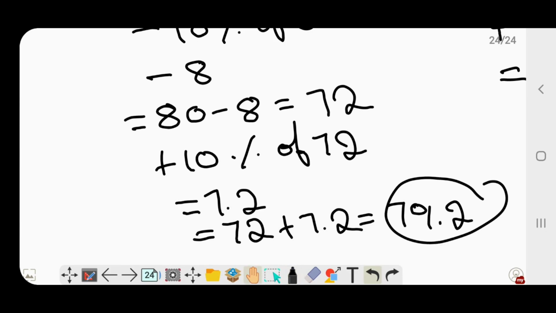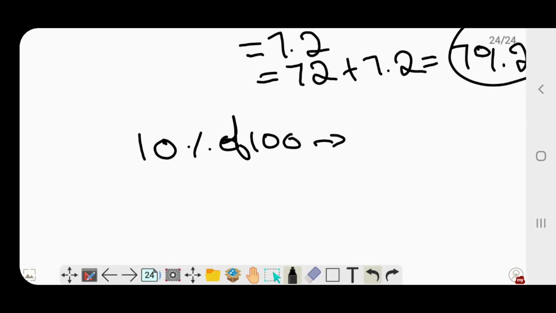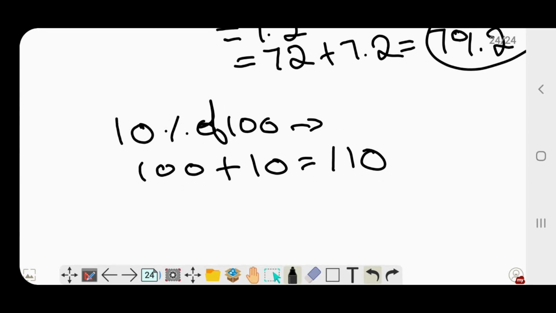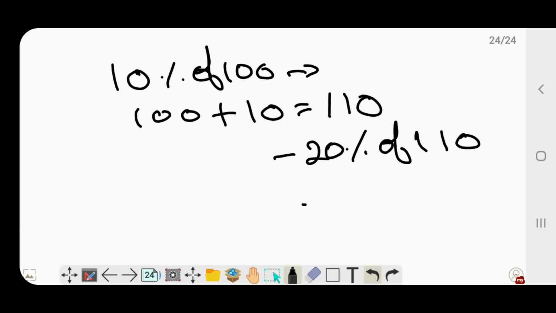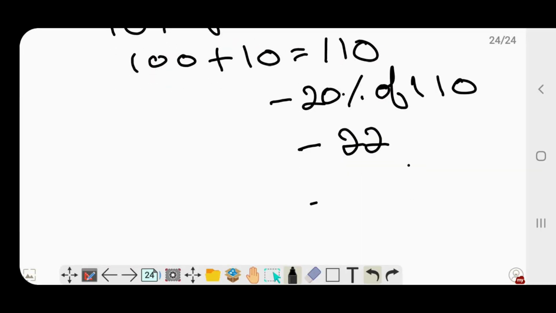So there's no quantitative change in scenario 1 and scenario 2. So let's look at scenario 3. In scenario 3, I pay a tax of 10% first, 10% of 100 rupees. I pay it upfront. So 100 plus 10 is equal to 110, and now I get my discounts. Initially I'll get a discount of 20%. So I'll do minus 20% of 110, which is nothing but minus 22, which will land us at 110 minus 22, which is 88.